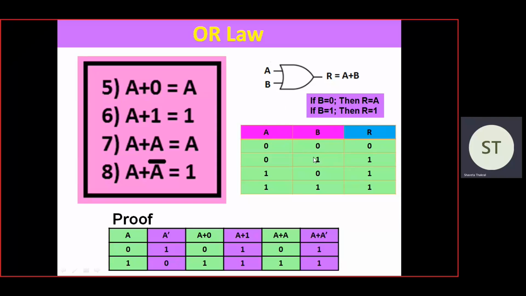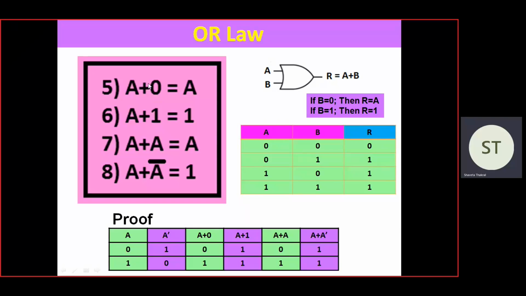And let's say we put B as 1. If B is equal to 1, like in the second case and the fourth case, if A is 0, R is 1, and if A is 1, then also R is 1. So that means A is not passed to the output. Instead of passing A, the output here is permanently 1. So based on this logic, we can check A plus 0.